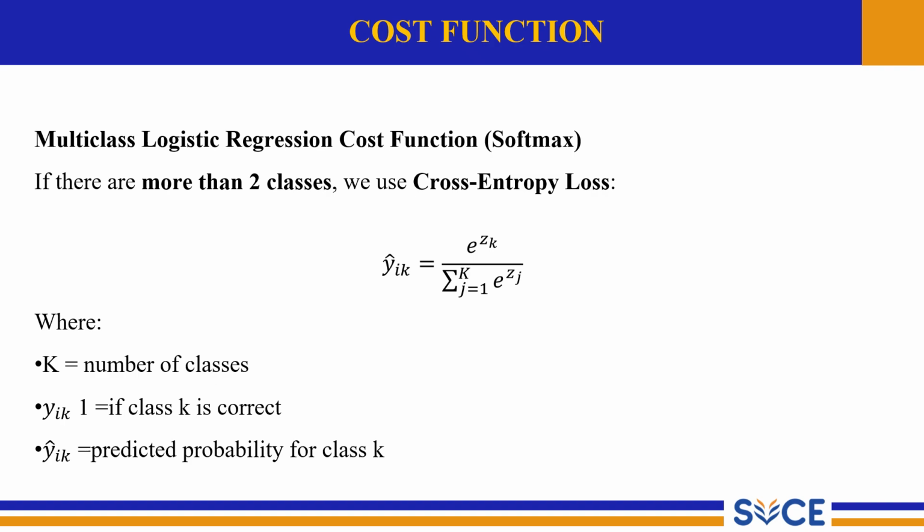Here is the cross entropy loss for a single example, where K equals the number of classes, y ik equals 1 if class k is correct, and y cap ik equals the predicted probability for class k. This loss function ensures the model assigns a high probability to the correct class and low probability to incorrect classes, generalizing the binary logistic regression concept to multiple classes.